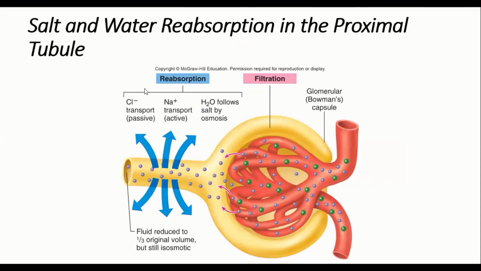This is showing us a summary of what's happening here. So we had the filtration happening at Bowman's capsule, between the glomerulus and Bowman's capsule. We were removing a ton of fluid with a bunch of things dissolved in it via filtration. And now what we're talking about in the proximal tubules is reabsorption. So really important is that we're reabsorbing water.